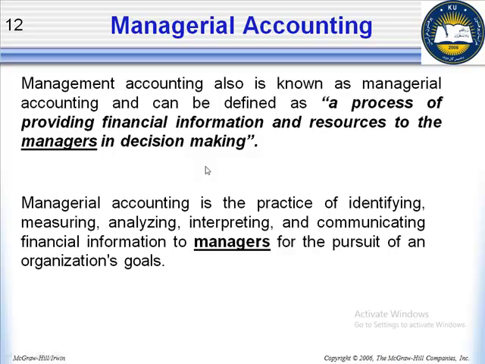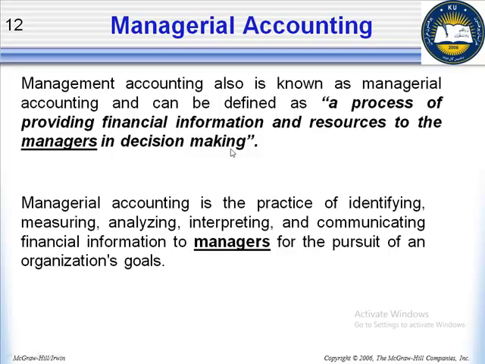Now, in this definition, you can see that managerial accounting is a process in which financial information and resources are provided. Which kind of resources? Our financial resources, not human resources. Provision of financial information and financial resources to whom? To the managers. Managers, we know who the managers are. To the managers for what?